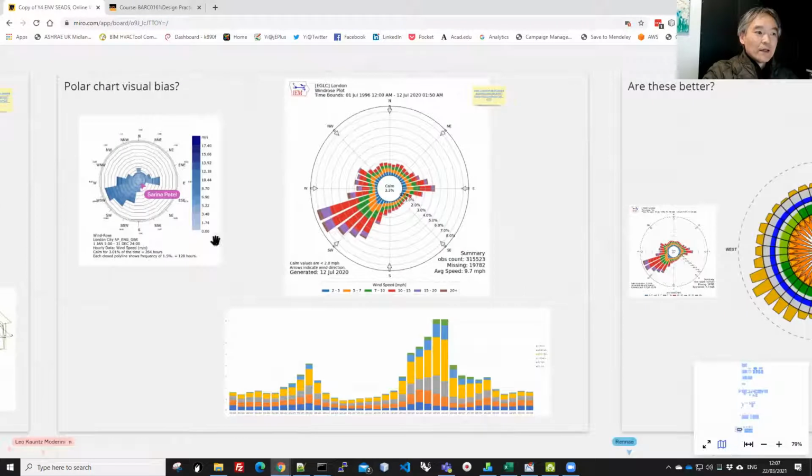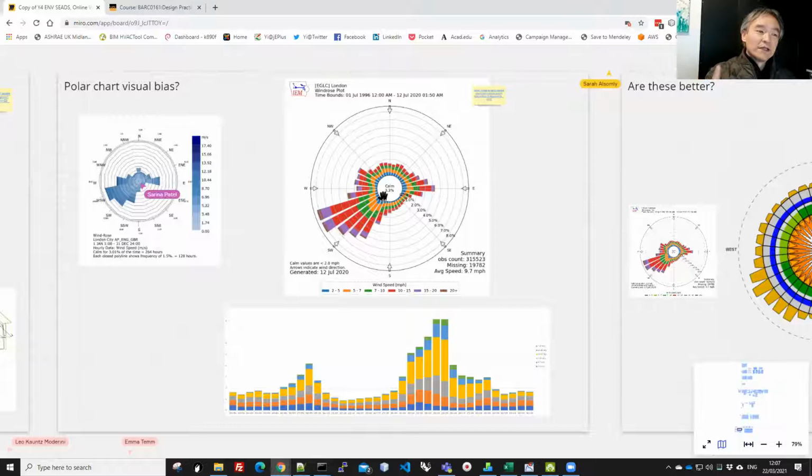And this is caused by what I would call a polar chart visual bias. The reason for that is because the bar gets wider. So when you look at a chart, mentally you're comparing the size in terms of area of each bar rather than its length.